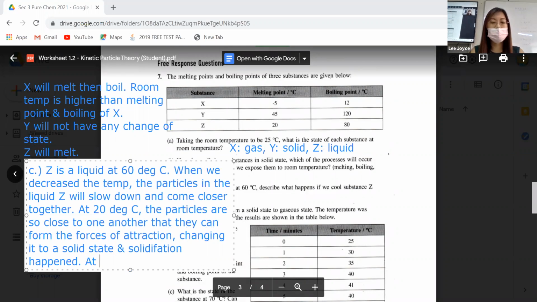Okay, so at 10 degrees Celsius, temperature will still continue to drop, right?